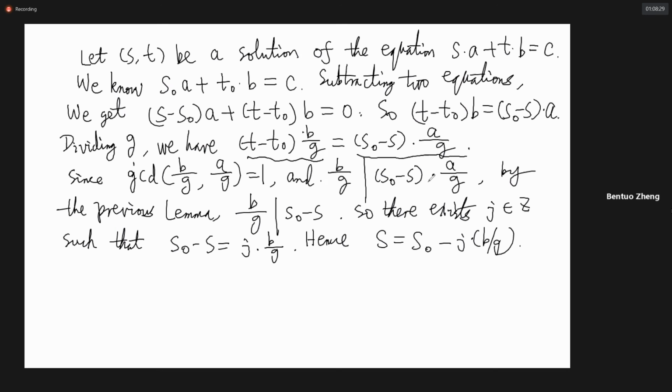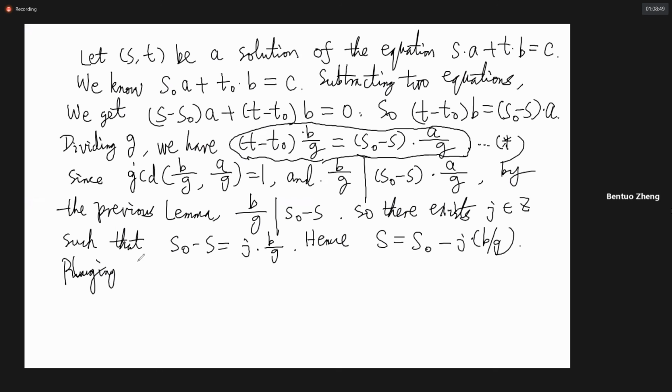So we plug S equals S0 minus J times B over G into this equation, suppose this is star.